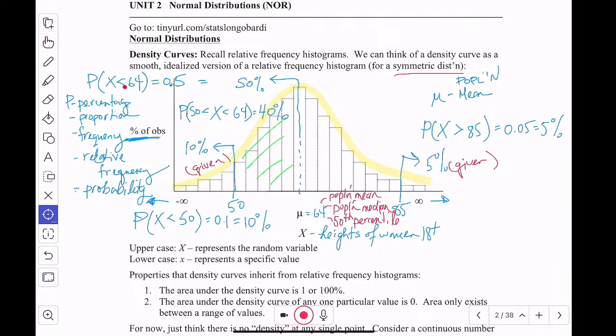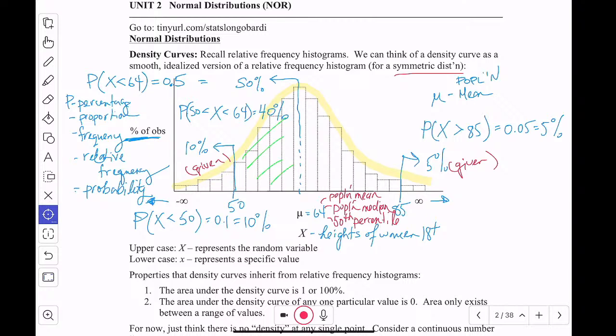Whenever you use a left symbol like this, the 64, the value here is called a percentile. It's not exactly the mode, but it's in the modal class. Because we don't see the data, I can't say it's the mode, but it's the modal class.